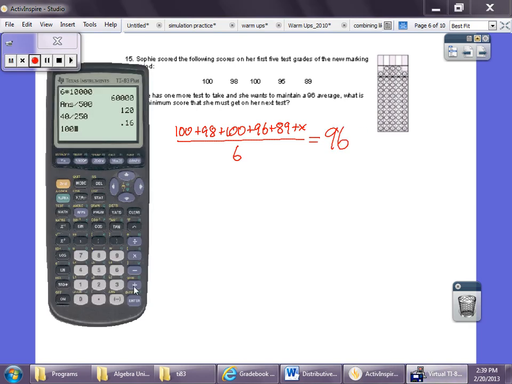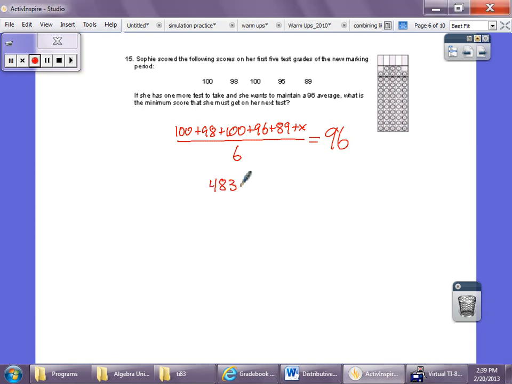So we have 100 plus 98 plus 100 plus 96 plus 89. That gives us 483 plus x divided by 6. I get rid of the 6 here, so I multiply by 6. They cross off.